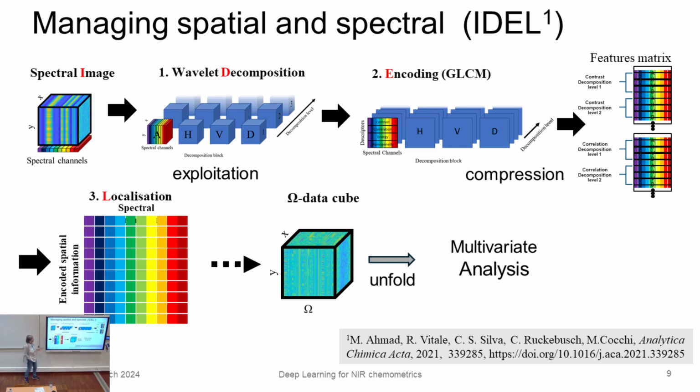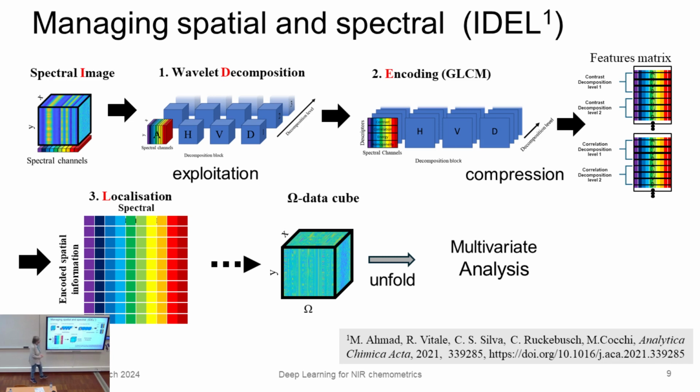So in this case, we really do, in the first part, a bit of what you do with the net, without knowing it. Because we do exploitation, so we use a filter, we use wavelet decomposition again, then we do compression of this information.